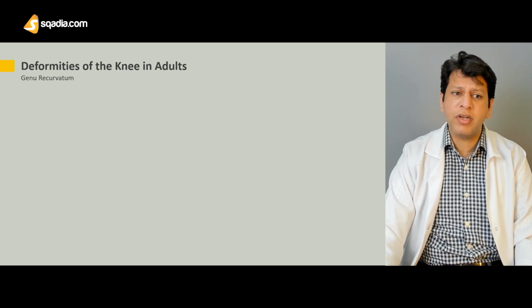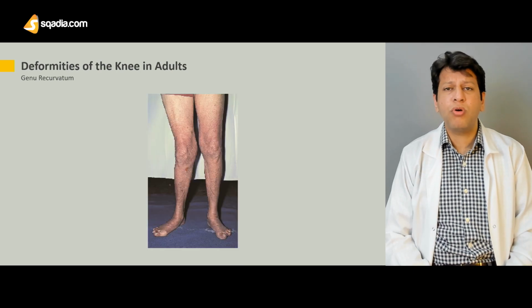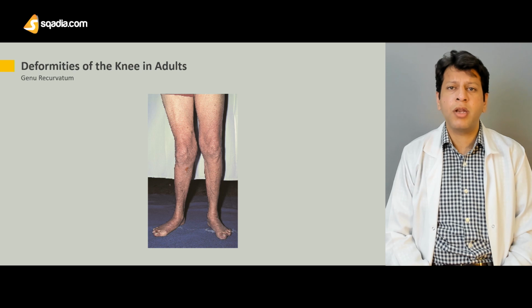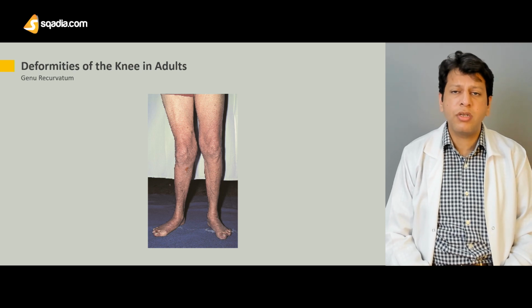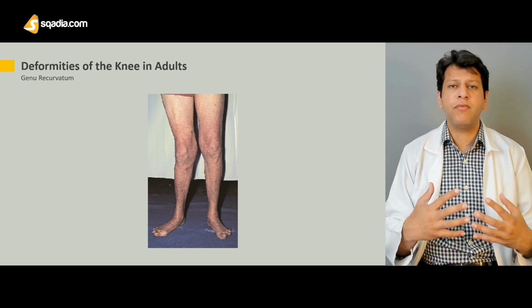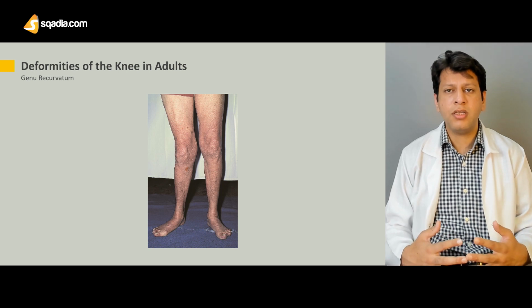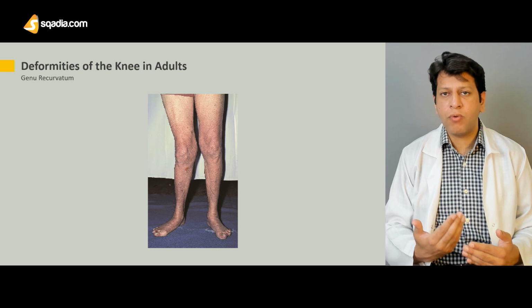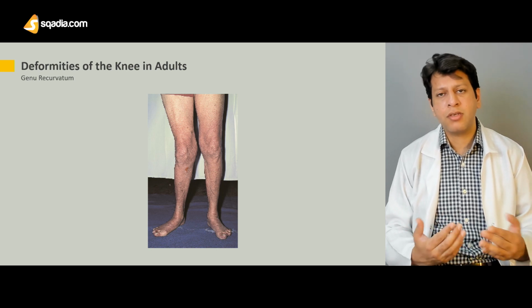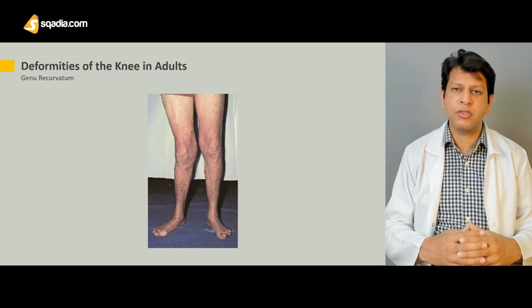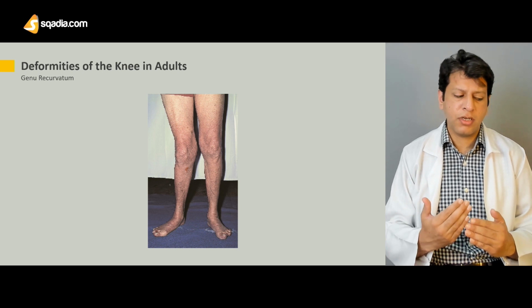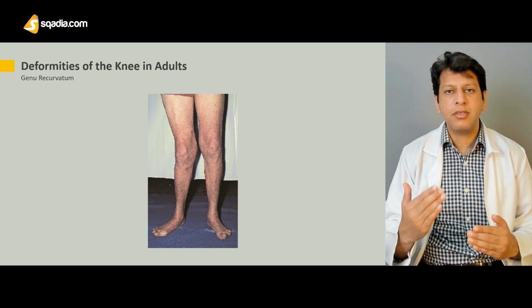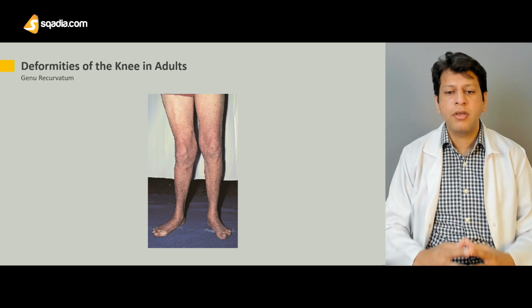Now, genu recurvatum. This is actually more common in adults as compared to genu varum and genu valgum. Physiologically, the knee range of motion is from -10 up to 130 degrees, and in some cases up to 140 degrees as well. That is up to 130 degrees of flexion and minus 10 degrees of recurvatum.